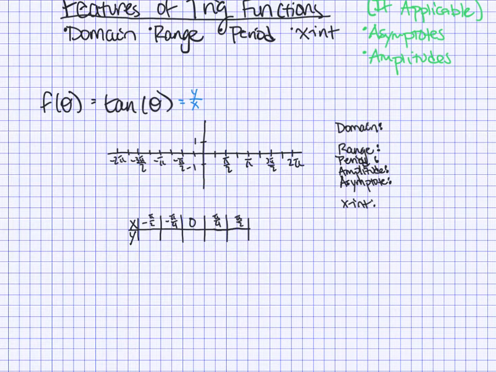So let's take a look at where we are at. So let's see, I think I'm going to do these in blue. So if we're looking at 0, well, 0 right here, that's sine over cosine. That's our y value of 0 over our cosine value of 1. 0 over 1, that's just 0, okay?